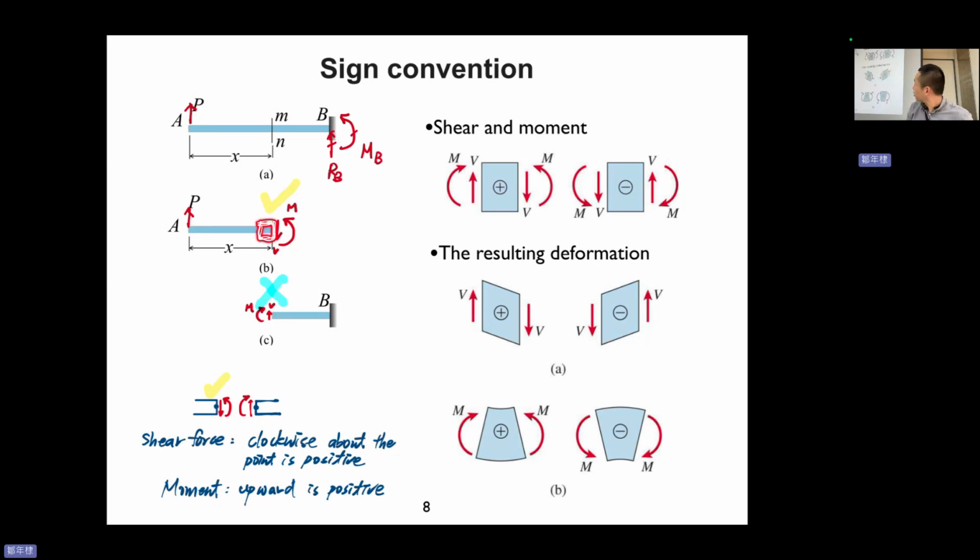Again, if we cut this shear element here, we will draw this as positive.